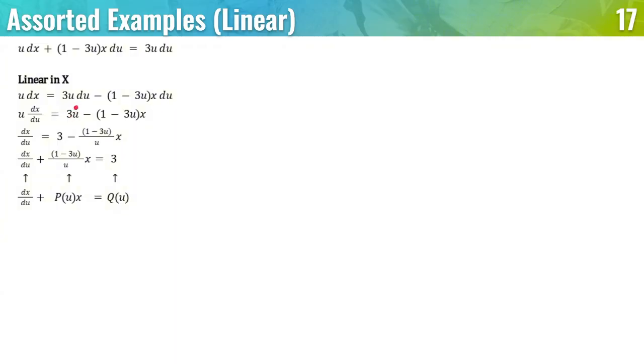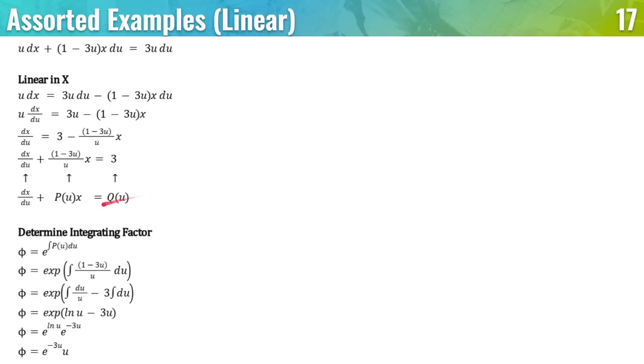This is going to be 3 only minus (1 minus 3u) over u. Rearranging it into our formula, we can identify that the function p in terms of u times x is going to be this one, and the function q in terms of u is going to be 3.